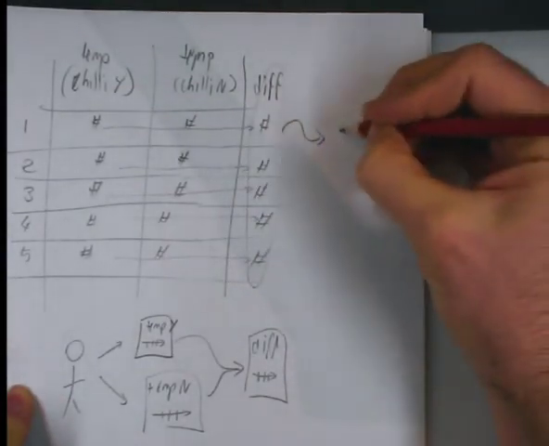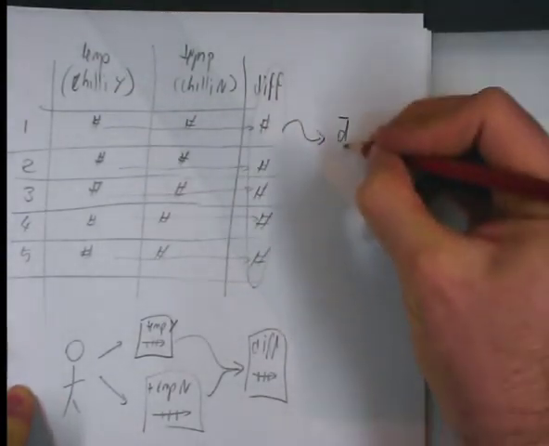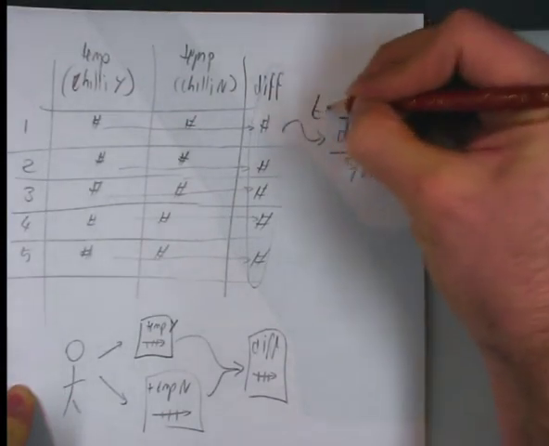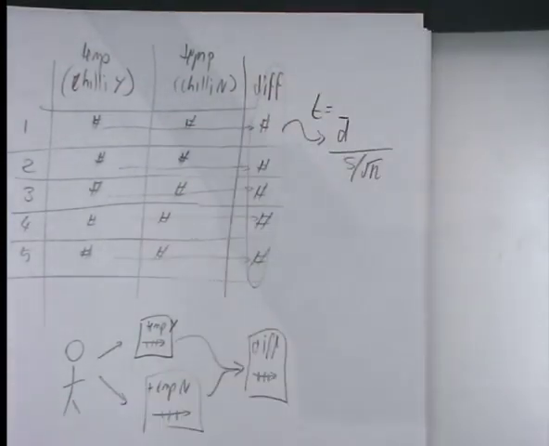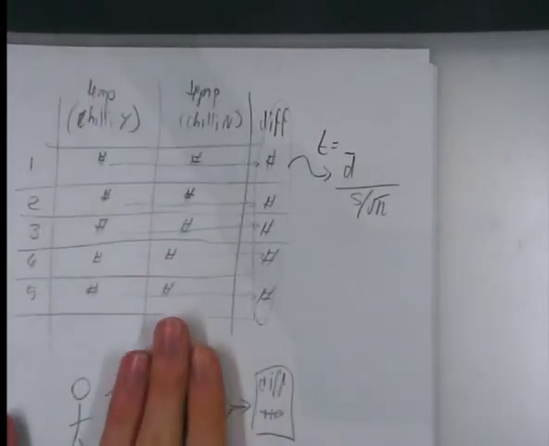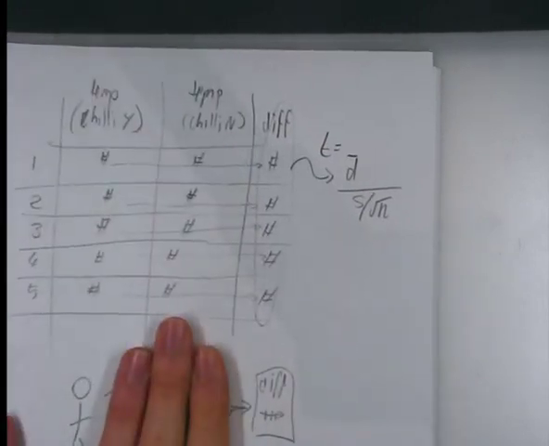So back here, I take these differences, I figure out their mean and their standard deviation, and I do this. And that is my T. This is why the paired t-test is sometimes called the one-sample t-test, because I'm actually imagining this as just one measurement. And that's why it's called the one-sample t-test.